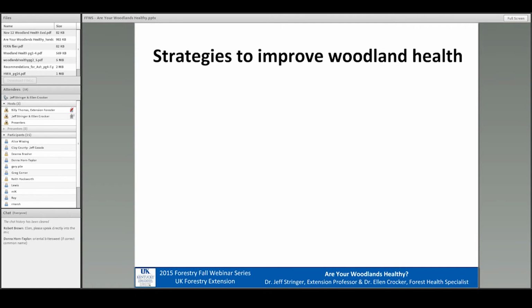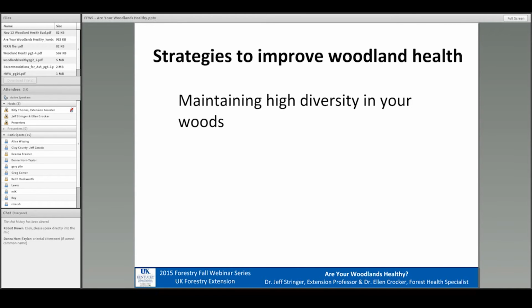One of the things you can do, and this would make sense if you think back to when we started this, is the issue of diversity. Ellen's already described several insects and disease pathogens that attack certain species, like emerald ash borer, which is a good example. If you've got a woods that's predominantly one species, you are subject to having an issue, especially if something comes up that causes a decline in that.